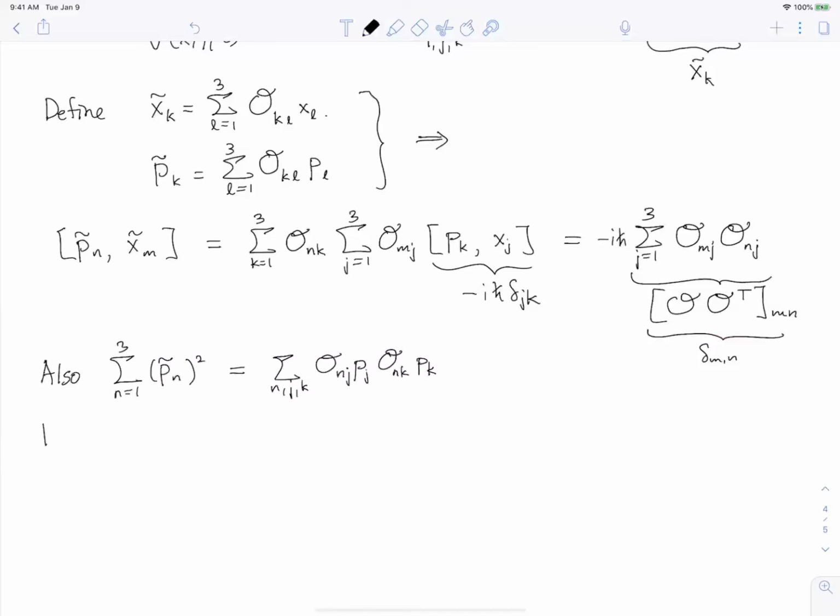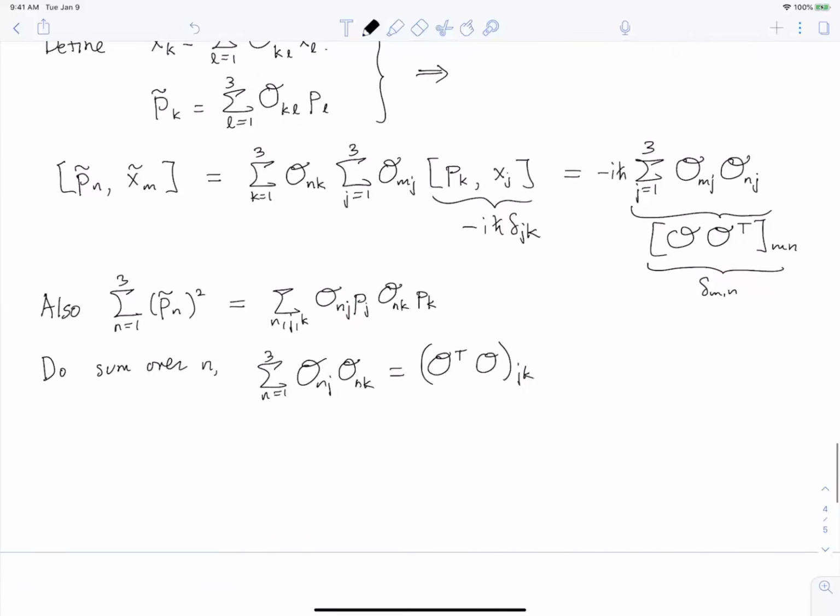And now if you do the sum over n, the sum over n doesn't involve pk and pj, so we can just pull them out. And so the sum over n involves this quantity, n equals 1 to 3, O nj, O nk, which is now again O transpose O, the jk component, just by the definition of matrix multiplication, which is delta jk.